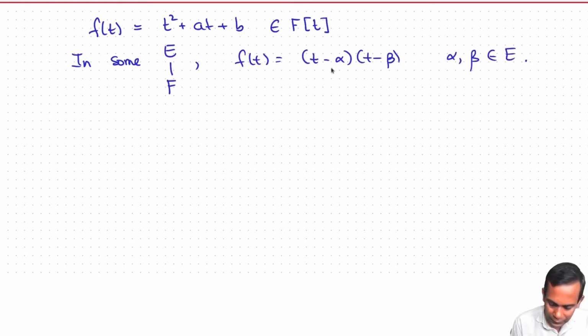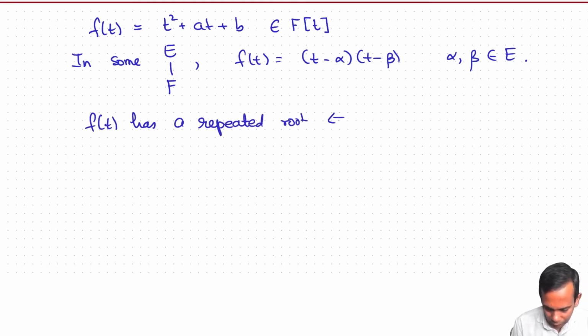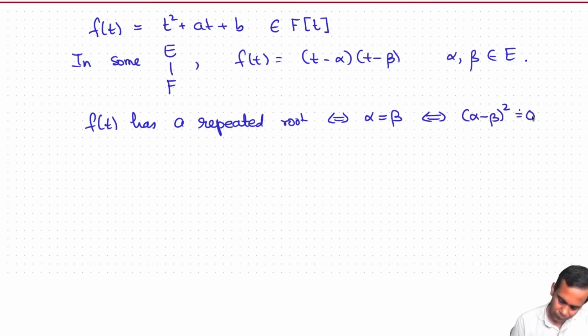And f(t) has repeated roots if and only if alpha is equal to beta, which can be written as if and only if (alpha minus beta) the whole squared is equal to 0.